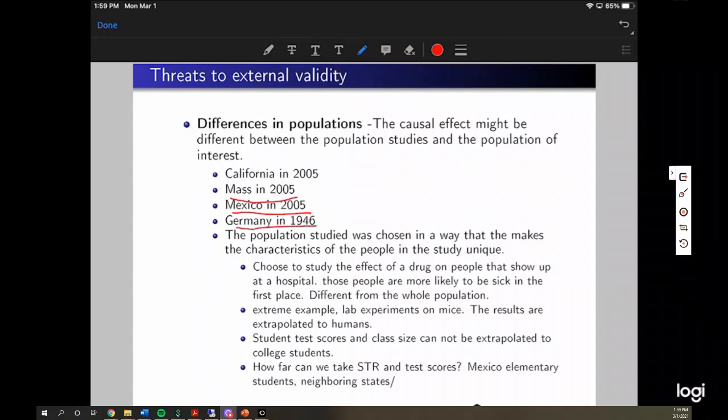Probably not. That's the height of World War II, so there's other things going on. So basically what we're saying here is that the effect of student-teacher ratios on test scores is probably different in Germany in 1946 than it is in California in 2005. So for external validity, maybe the results in California are externally valid for Massachusetts, but probably not for Mexico and Germany.